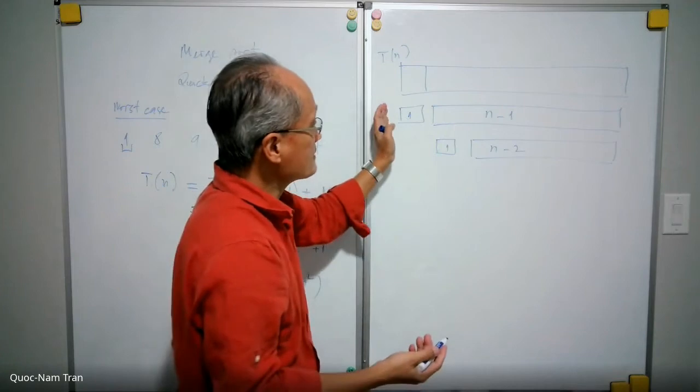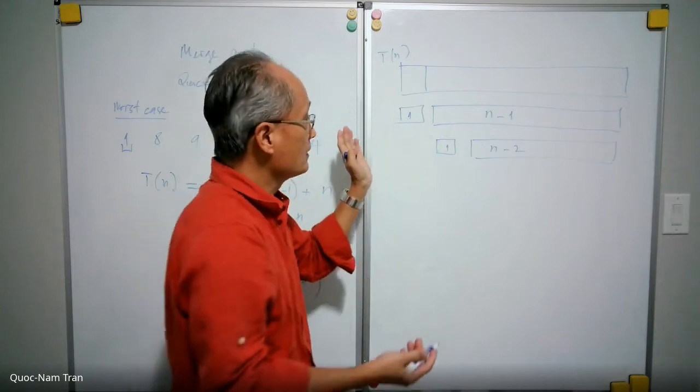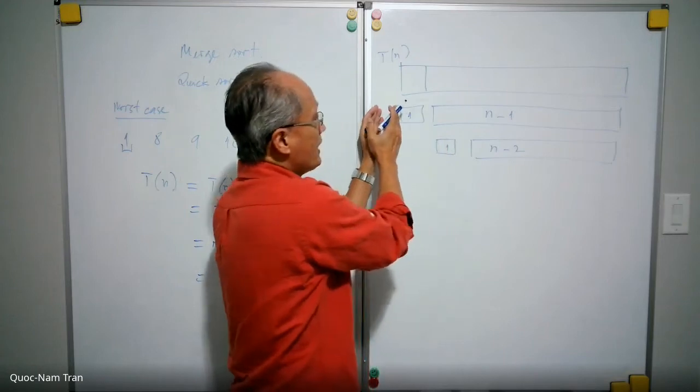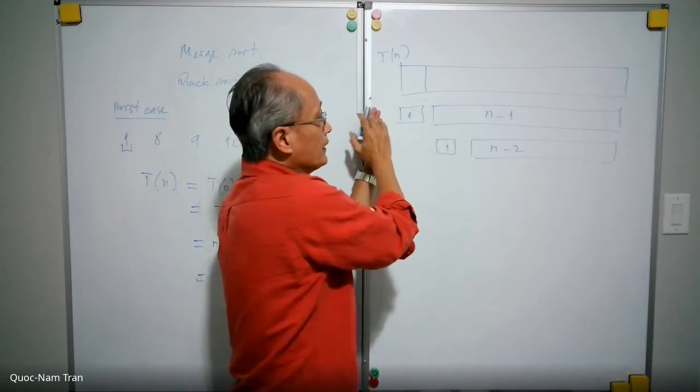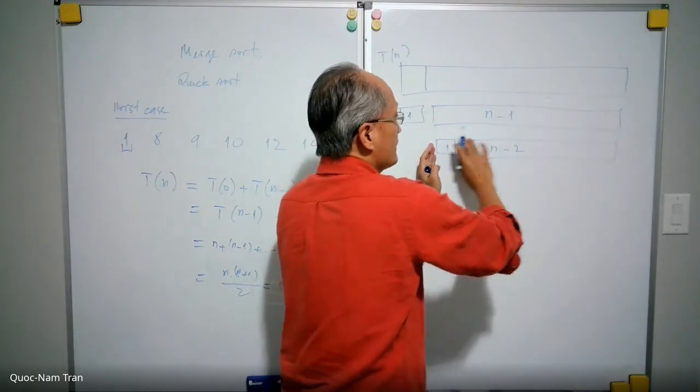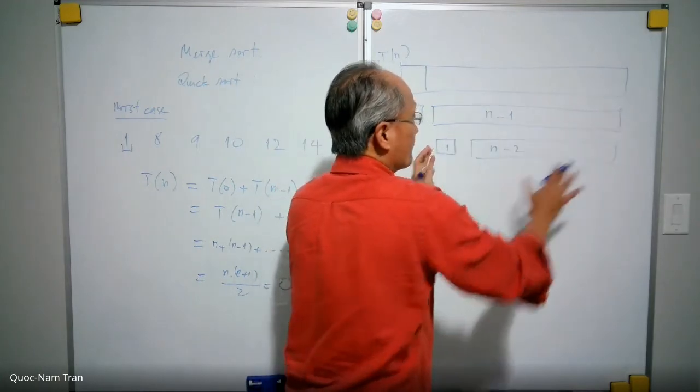The worst case situation is when the partition has 0 elements less than the pivot and all of the elements bigger. Same thing, partition this one again.